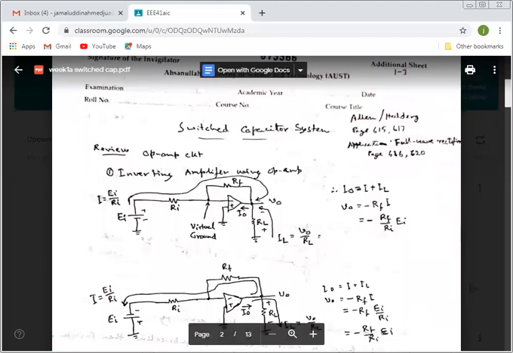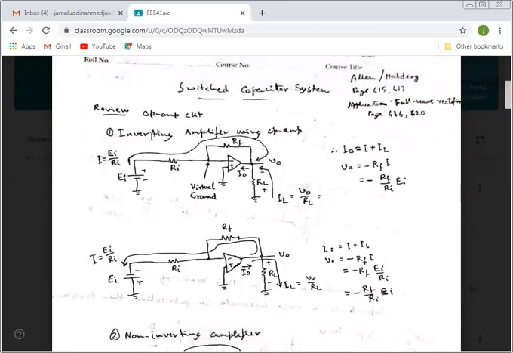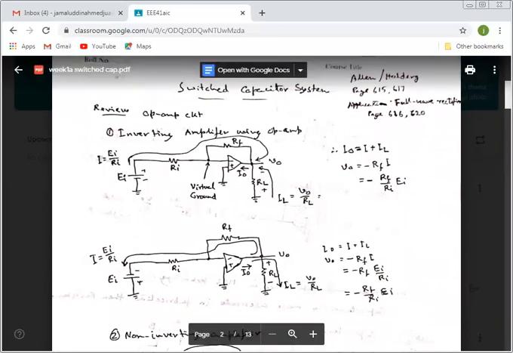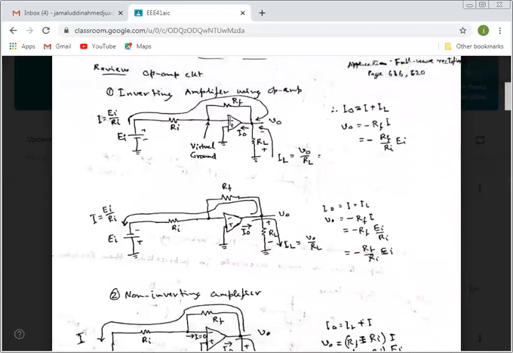So the overview, we use op-amp to have inverting amplifier and non-inverting amplifier. In the inverting amplifier, the supply is at the negative node, and then the positive node is connected to the ground.